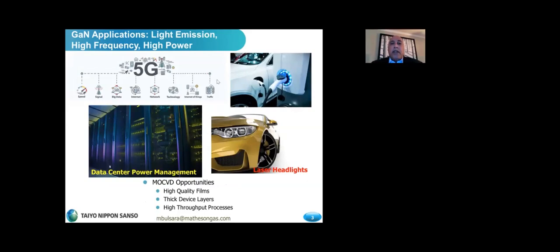Gallium nitride vertical power diodes will find application in electric vehicles where high currents and voltages need to be switched, and data centers where power management will be very important. Gallium nitride lasers will find their place in headlights for most advanced automobiles. And all these applications require high quality films, some very thick device layers, and all require high throughput processes.